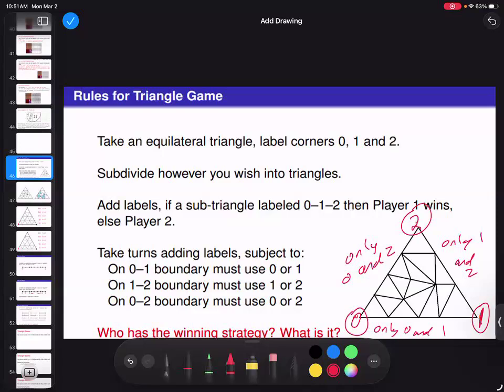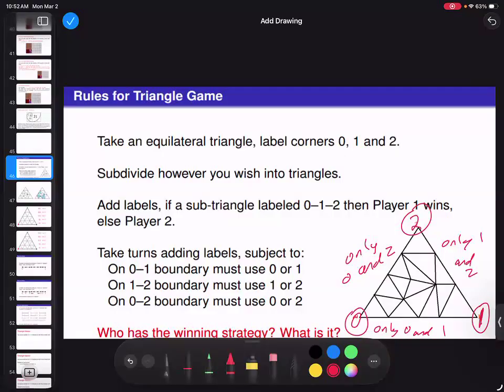So the way the game works is if one of the small triangles is labeled 0, 1, 2, I win. If none of the triangles are labeled 0, 1, 2, you win. Okay? So I'm trying to get one of the triangles labeled 0, 1, 2. You're trying to stop me.